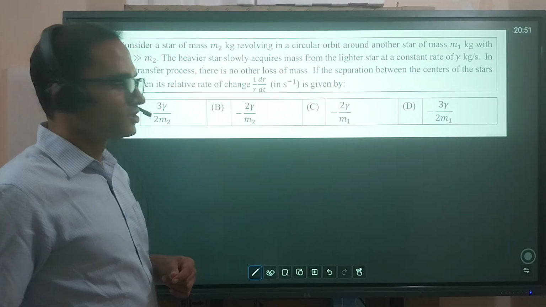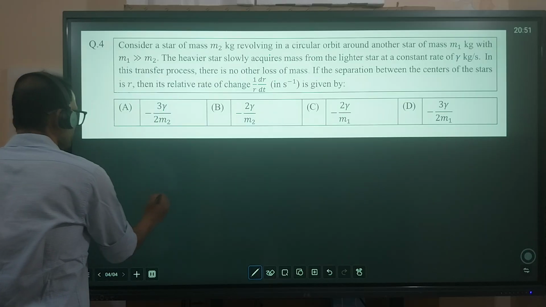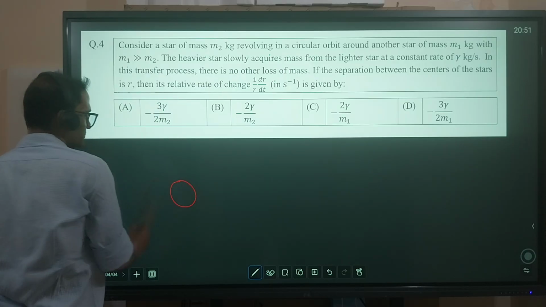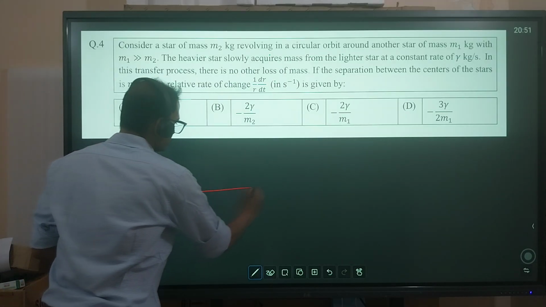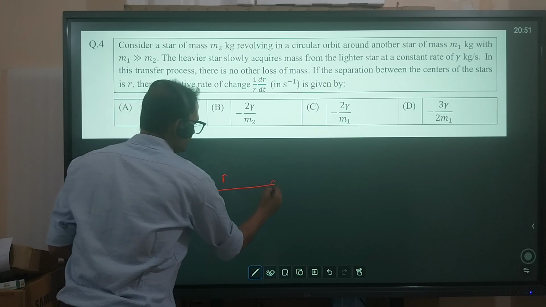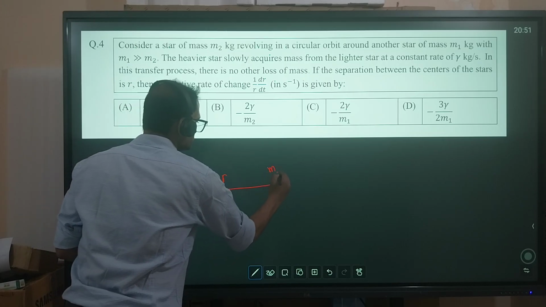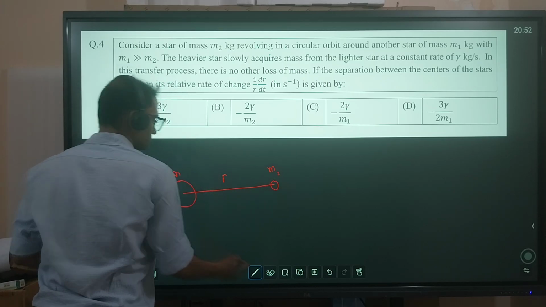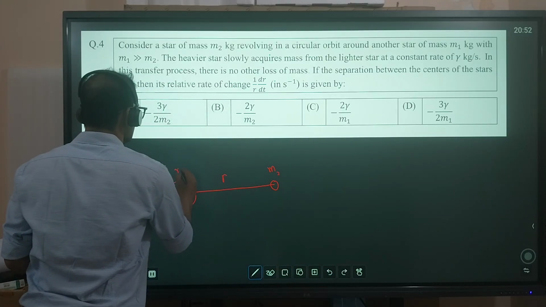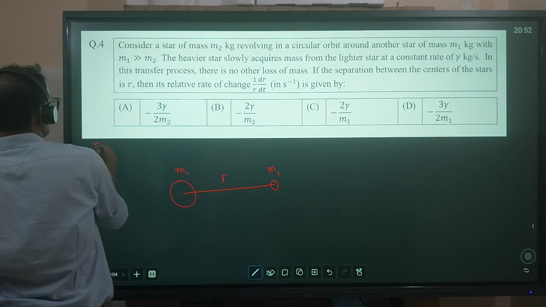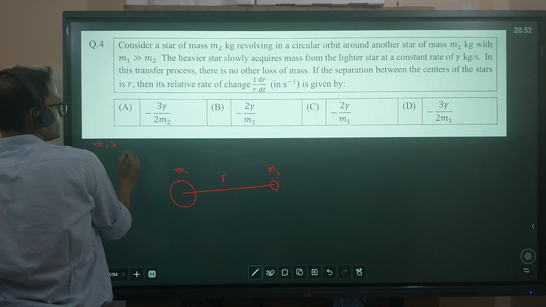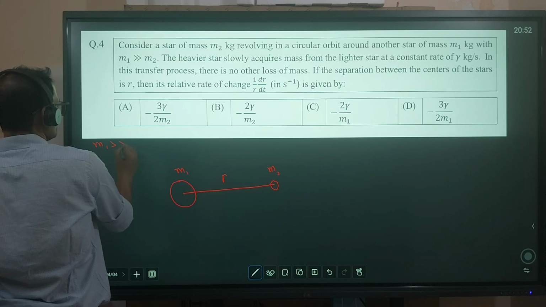Okay, so basically we have one star here, and at a distance r we have a smaller star m2. M1 is very large.